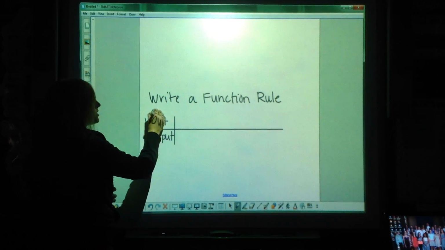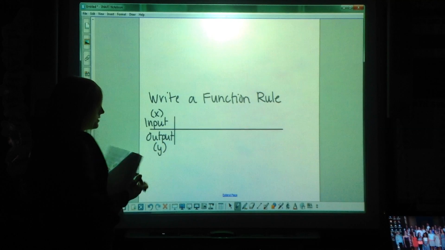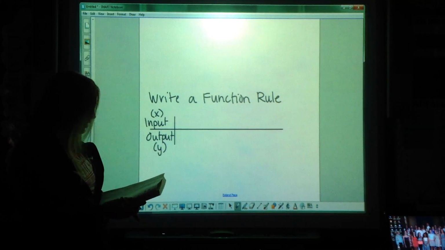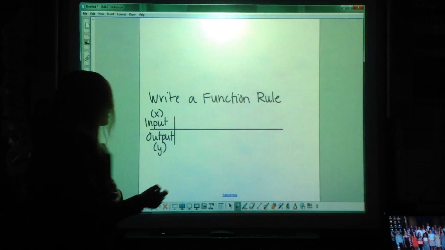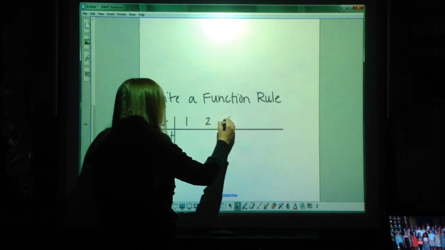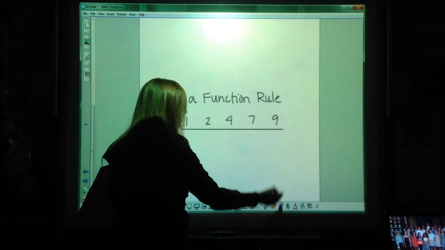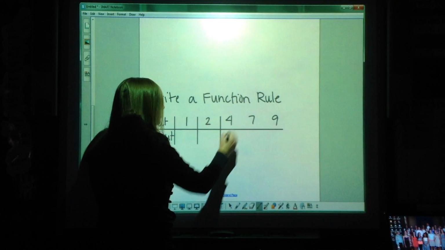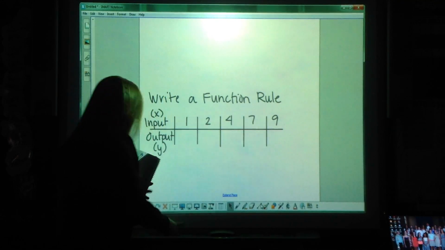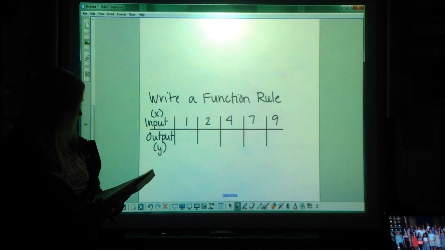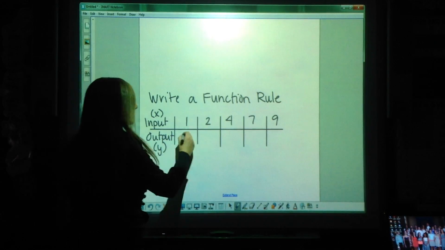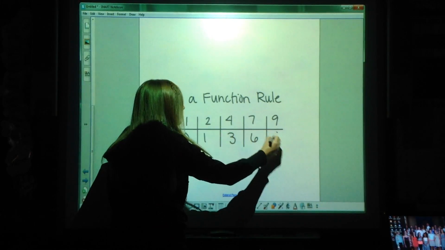Keep in mind your inputs are your x's and your outputs are your y's. They're going to fill in all the information. So our inputs are 1, 2, 4, 7, and 9. And the outputs, the range is 0, 1, 3, 6, and 8.